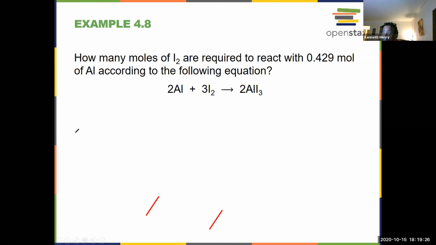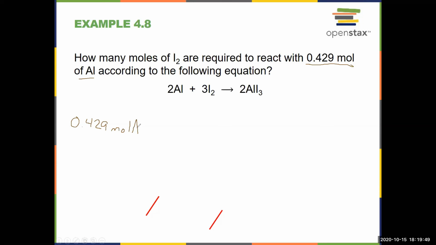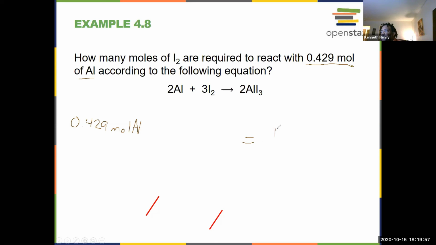So we're starting off with moles of aluminum, and we want moles of I2.